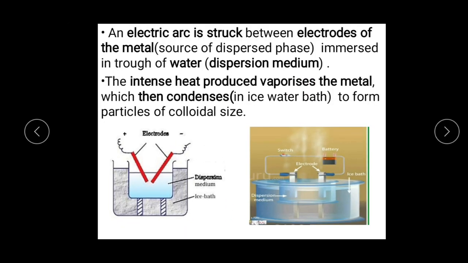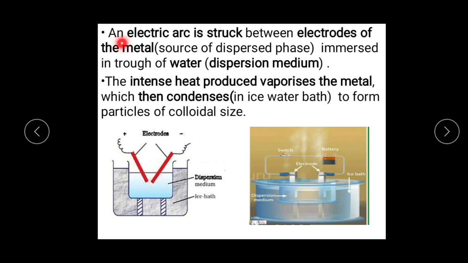Here you can see an electric arc is struck between the electrodes of metal. Here metal is used, which works as a source of disperse phase, and it is immersed in water which acts as a dispersion medium. The intense heat produced vaporizes the metal.